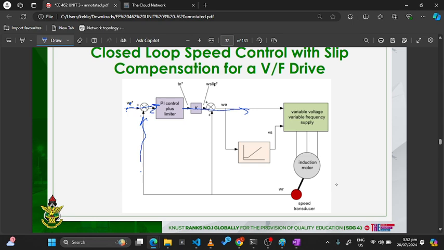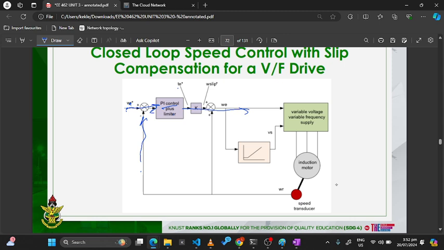Then it measures the current speed, and that gives you a speed error. This speed error is fed to a PI controller with a limiter, and the output of this PI controller is a torque. Because if you want to increase speed, you need more torque.